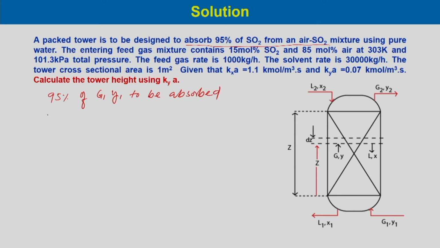So, SO2 absorbed would be equal to 4.38 into 0.95. So, this is about 4.16 kmol per hour.